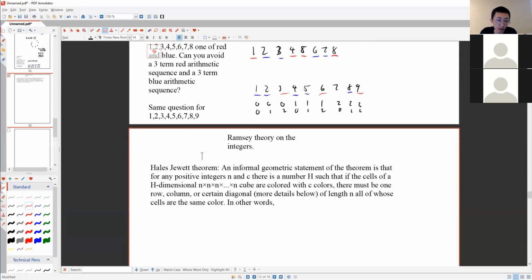Yeah, but I think it's kind of interesting exercises to find R_KL for small values of K and L. Like if one of them is 2, this is just saying, oh, what should this be?